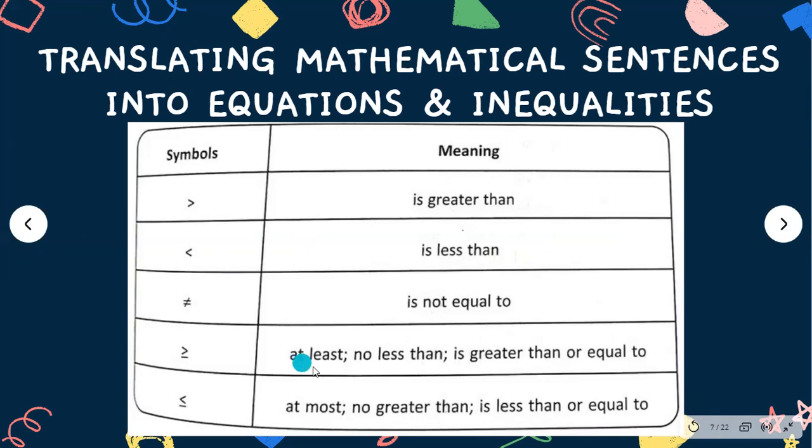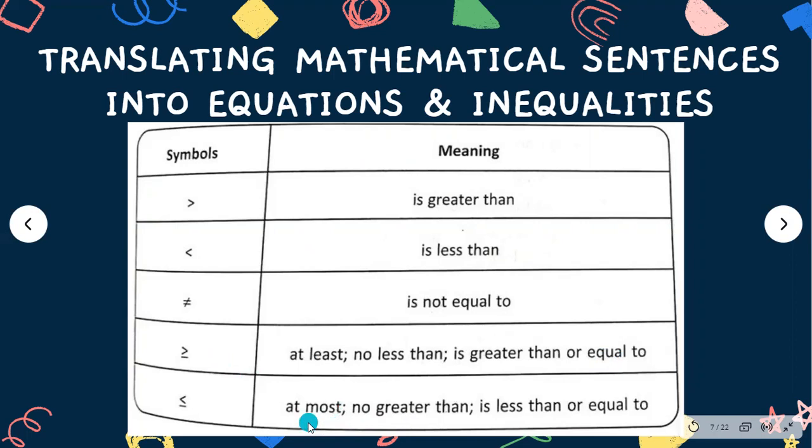And when we say at least, or no less than, that is greater than or equal to. Sabi dito, is greater than or equal to. It means yung ating open mouth is papunta dun sa kaliwa and merong equal sign na isang piraso dito sa baba. So that means is greater than or equal to. Right? So that is the symbol.